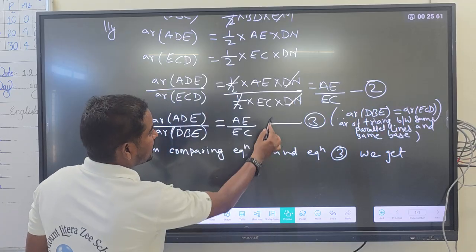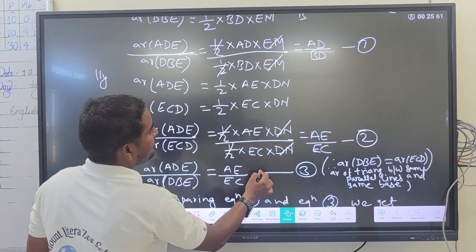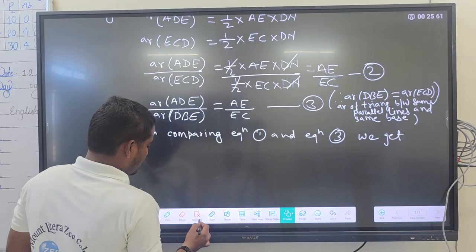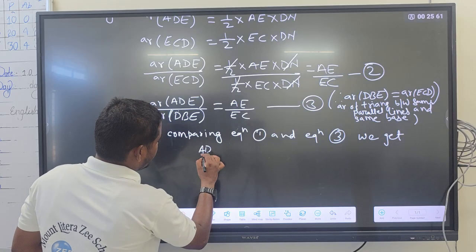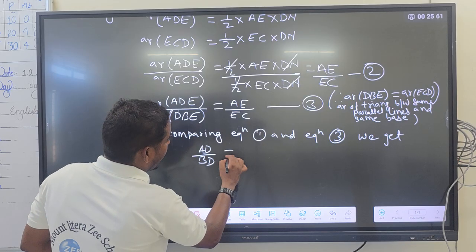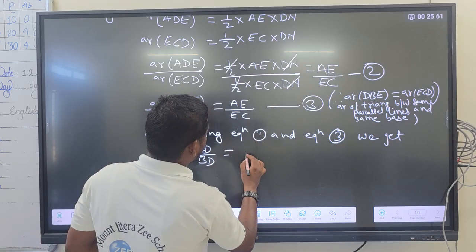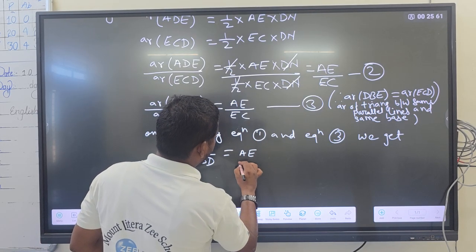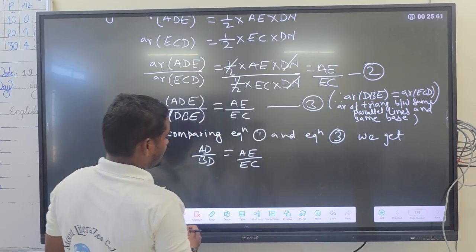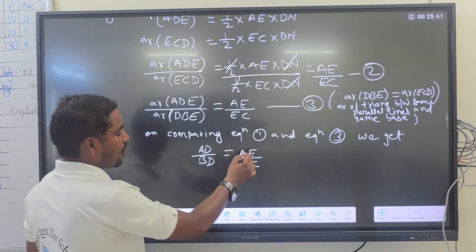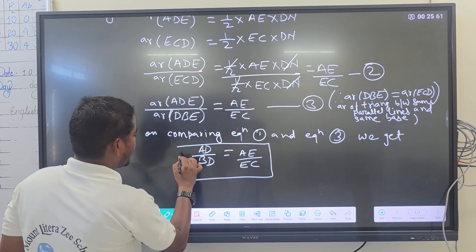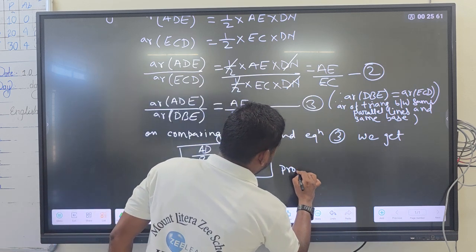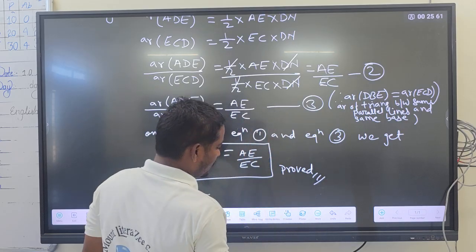Here you can see in equation number 1 we have AD upon BD, and in equation number 3 we have AE upon EC. This was the only demand of our question or BPT that we had to prove, and hence at last we can write, proved.